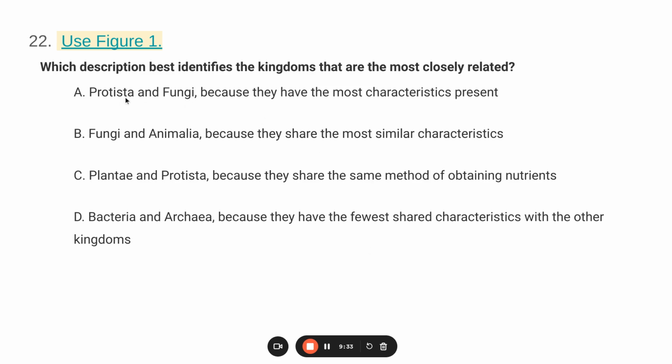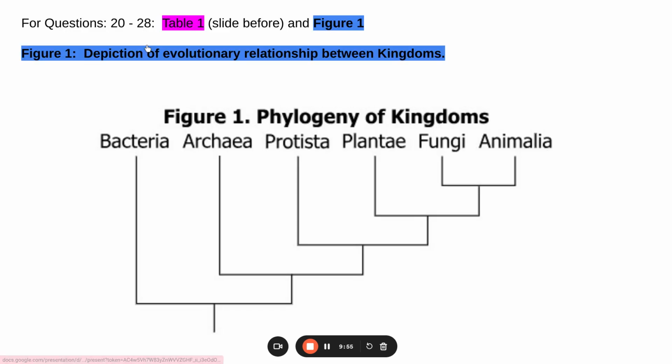So our choices are Protista and fungi because they have the most characteristics present. Fungi and Animalia because they share the most similar characteristics. Plantae and Protista because they share the same method of obtaining nutrients. Or Bacteria and Archaea because they have the fewest shared characteristics with other kingdoms.